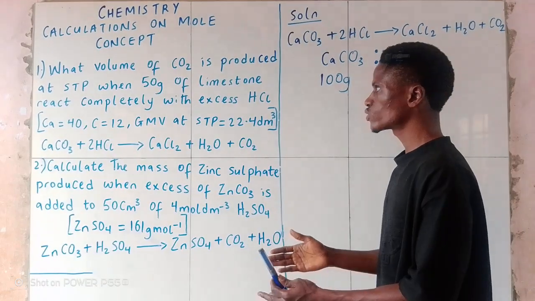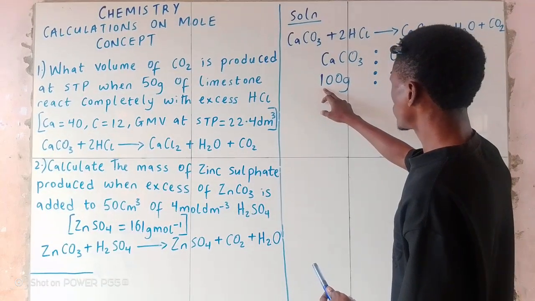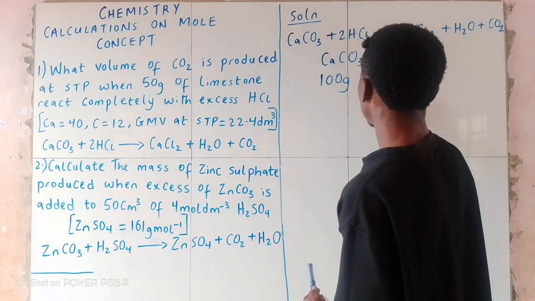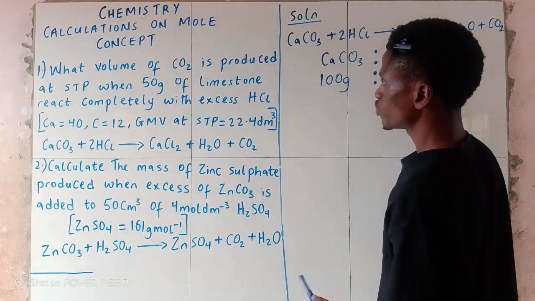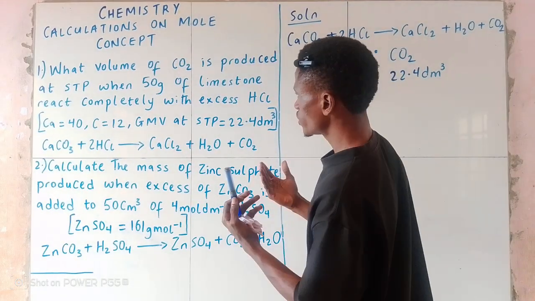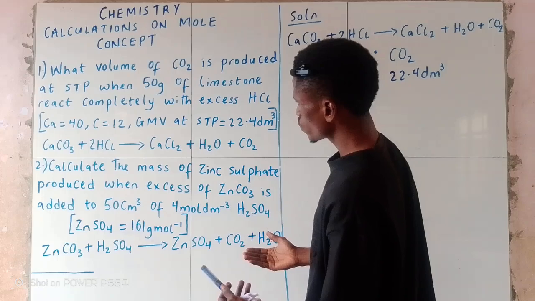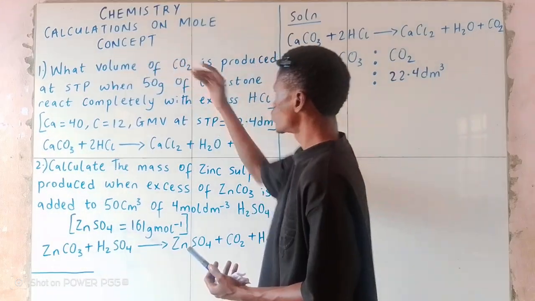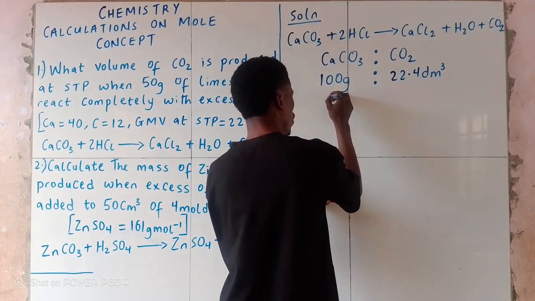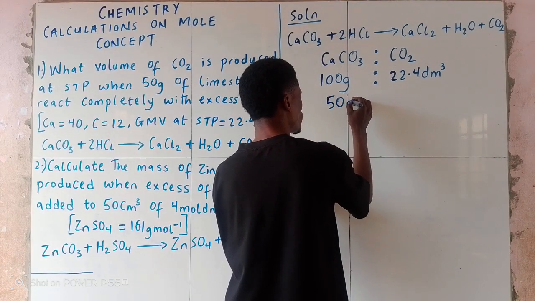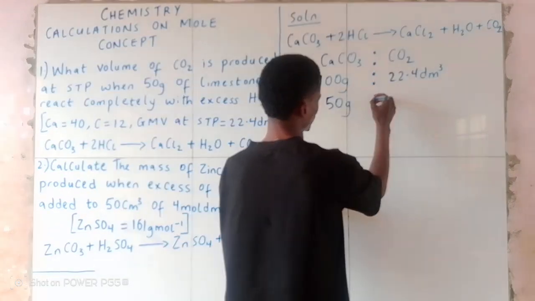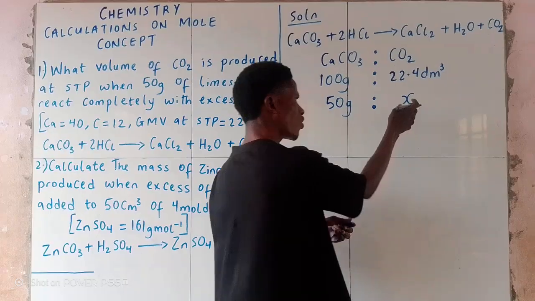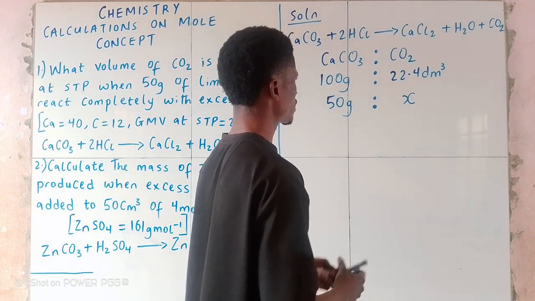When we used 100 gram of calcium carbonate, we get 22.4 dm3. Now the question is saying that if we make use of 50 gram of limestone, what volume of carbon dioxide will be produced? That is the question there.